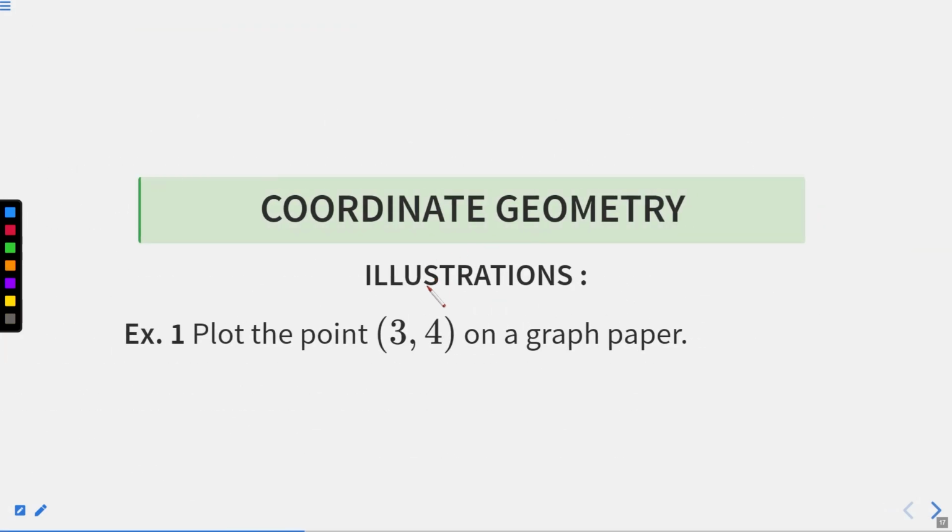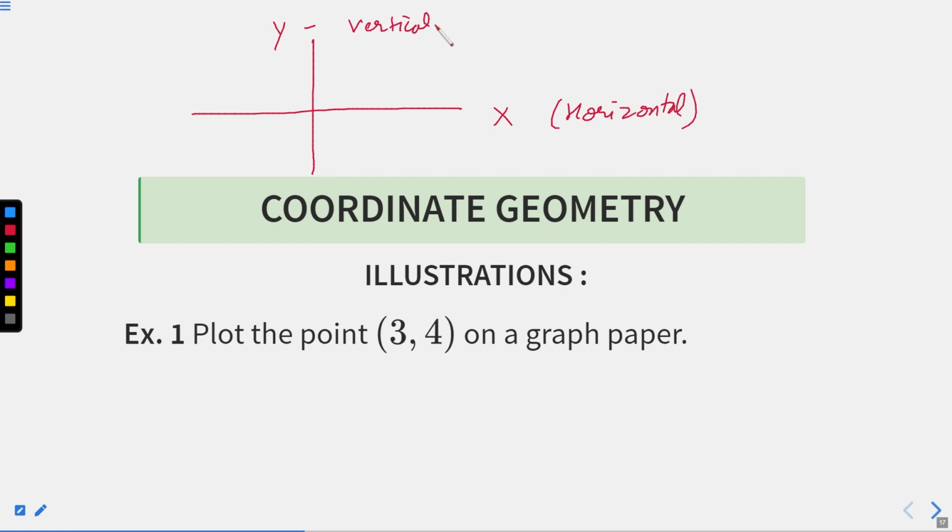Now let's see some more examples. Plot the point 3 comma 4 on the graph. First draw the x axis and the y axis, the horizontal and the vertical line. We name this the starting point. If you remember, the starting point always starts from 0.